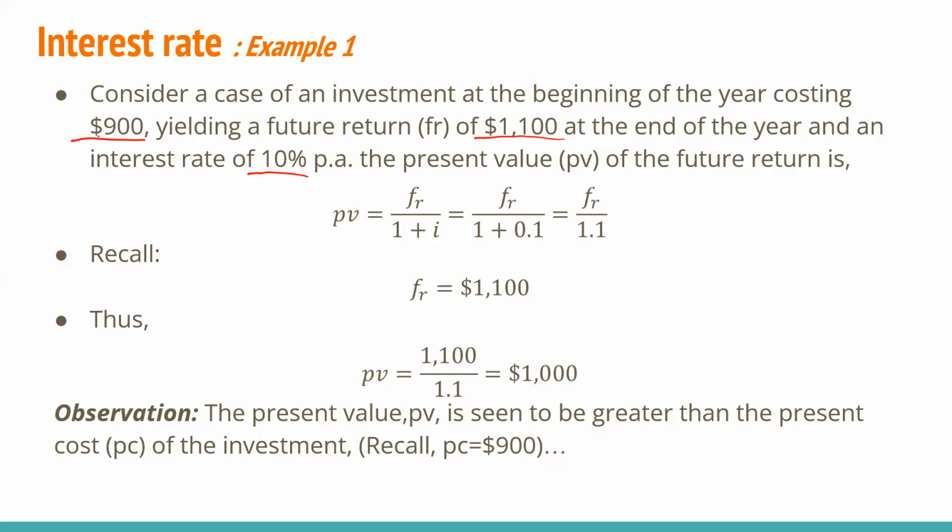So this can only make sense if we invest this 900, the present value of engaging in a project will be more than this 900.